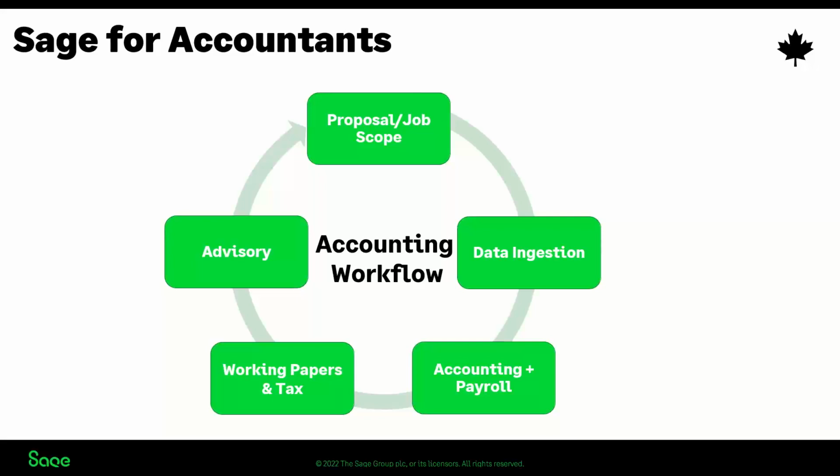And here is where Sage for Accountants comes in. Sage for Accountants is our new program built around the way firms work through this workflow. So we understand that even if this workflow is similar for a lot of firms, every firm has its own goals and challenges. So for example, a firm A can have its data ingestion process streamlined.